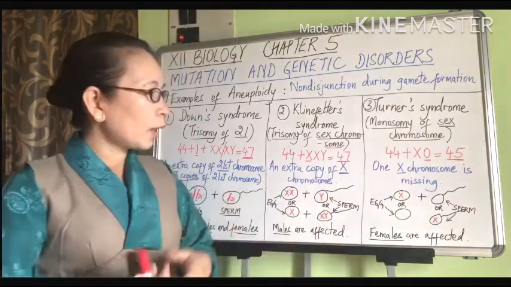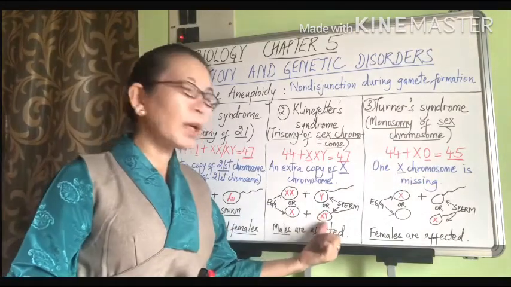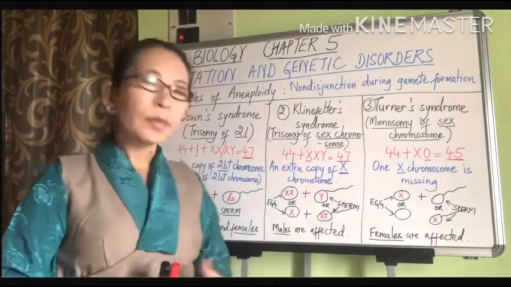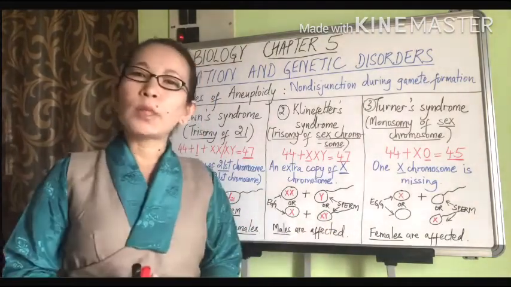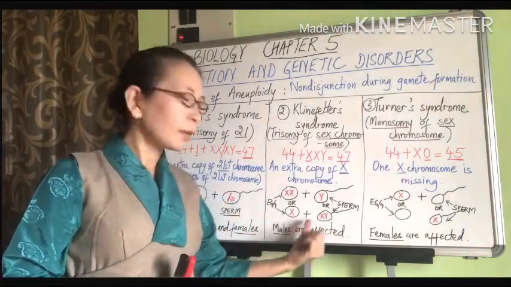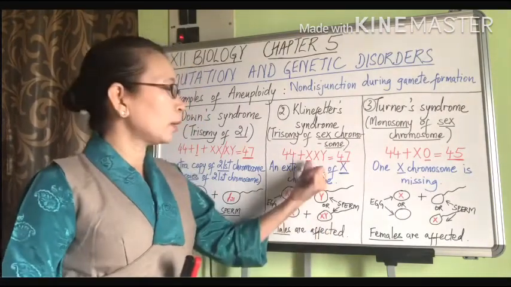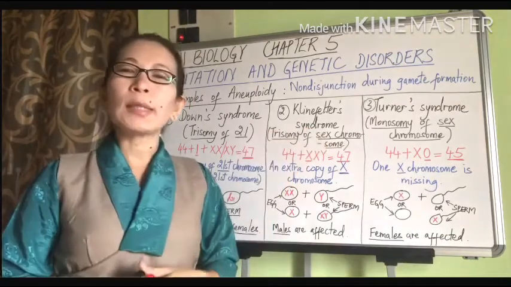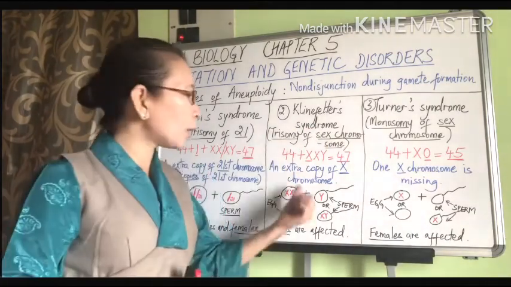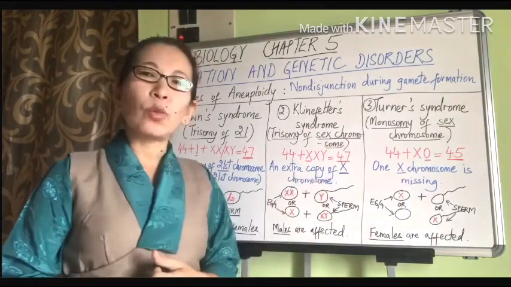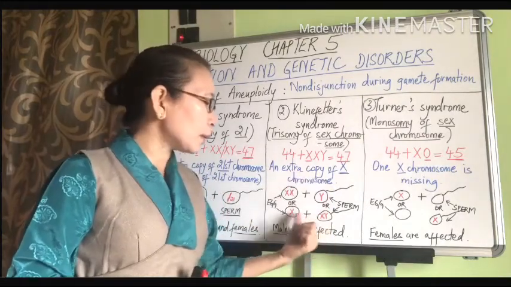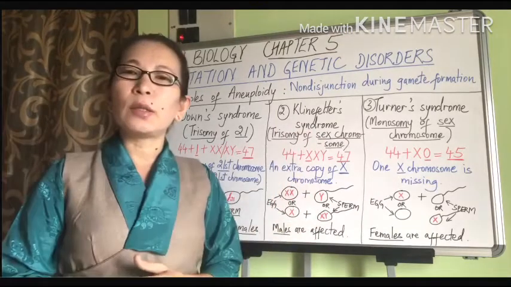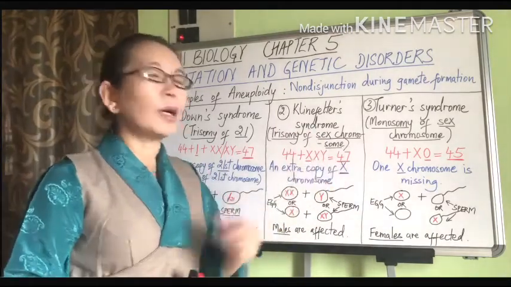Or, we can have sperms having both of the sex chromosomes, X and Y. If such an abnormal sperm fuses with a normal egg, again this results in the combination XXY, which is the condition called Klinefelter's syndrome. Here we have trisomy of a sex chromosome, where the extra chromosome is the X chromosome. And these kinds of genetic conditions are always seen in males.